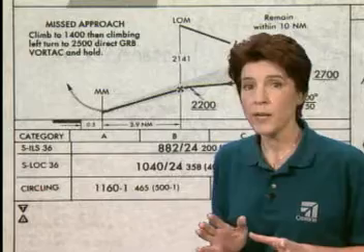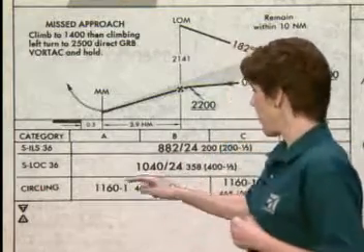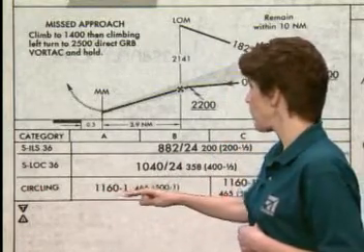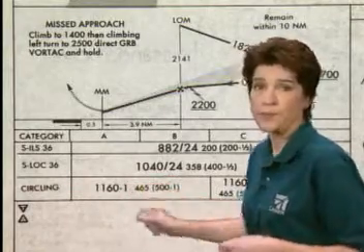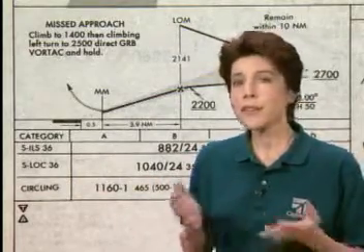But the circling minimums are considerably higher, an MDA of 1,160 feet and a visibility requirement of 1 mile. This makes sense since you'll be maneuvering around the airport rather than landing straight ahead. This maneuvering could have you flying over some high terrain or radio antennas in the general vicinity of the airport.